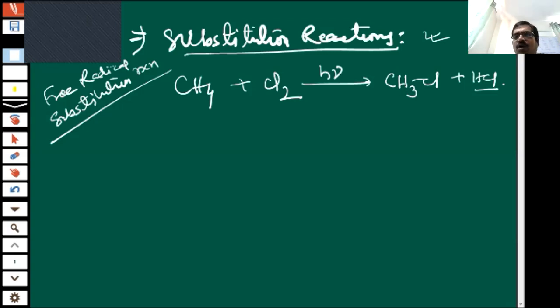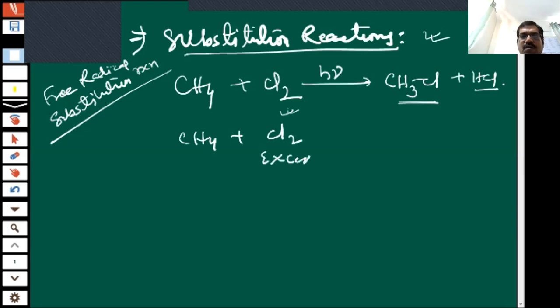So what product will be formed depends upon chlorine. If chlorine is in excess, then you can form CCl4 also.